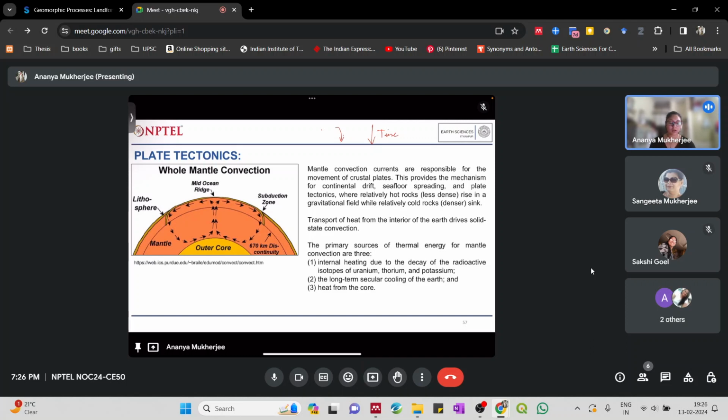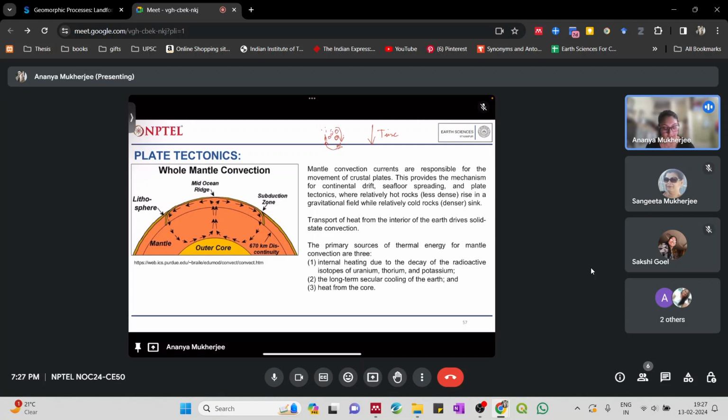Now over here it has become much hotter compared to the material over here. So this was a cooler material, now this has become hotter. Now again, since it is less in density, it will try to rise up. So when it is rising, this material is hotter compared to this material, so it will rise up.